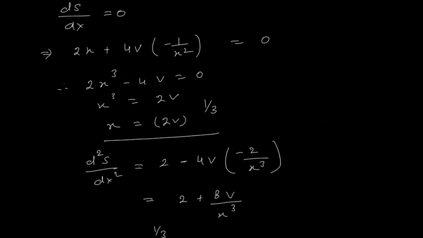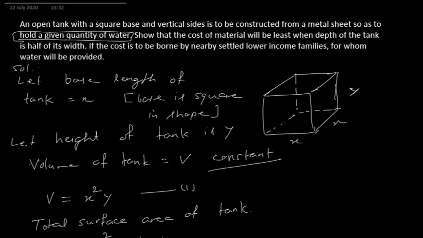Now let us again see the question. An open tank with a square base and vertical sides is to be constructed from a metal sheet so as to hold a given quantity of water. Show that the cost of material will be least when the depth of the tank is half its width. So we have to show that y is x by 2.